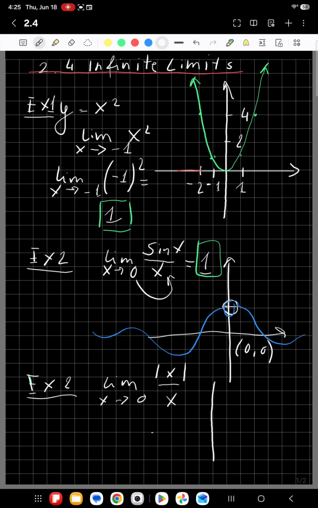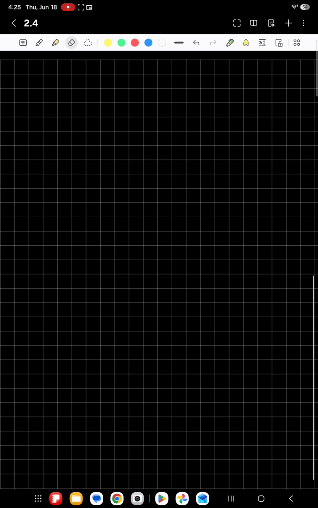Okay, so the limit here didn't exist. Let me double check that it was x approaching 0. So let me rewrite it here: the limit with x approaching 0 of the absolute value of x over x.